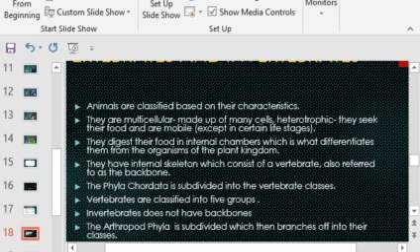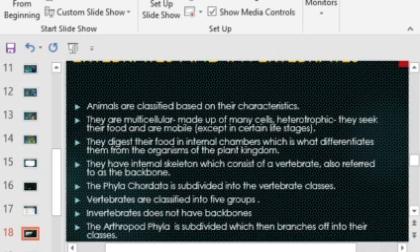Organisms of the animal kingdom have an internal skeleton, which consists of vertebrae, also referred to as a backbone. So that's where we get the classes from. So we divide them into vertebrates and invertebrates. All right. So we also have the phylum Chordata, which is divided into the vertebrate classes, and vertebrate classes are classified into 5 groups.